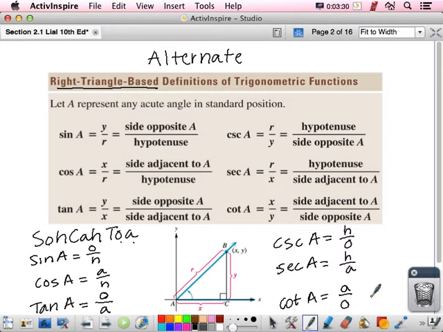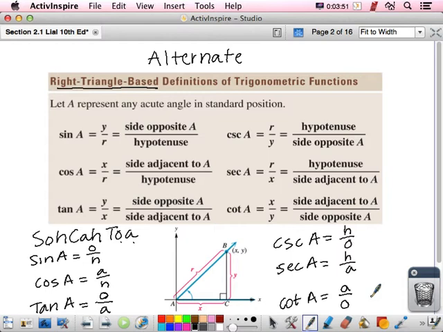It's important to note that when you're not in the xy plane, when you're in a right triangle, and guys, the trig functions are only functional for right triangles, just like the Pythagorean theorem. It's important to note that it is a relative thing. It depends on the angle you are looking from.